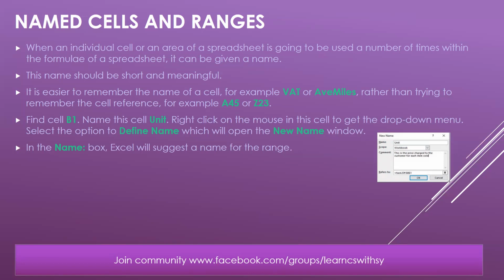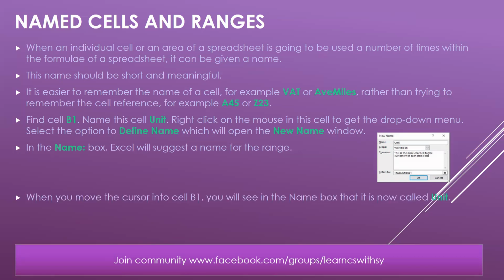And this define name will open a window like the one that has appeared right now. You can see in this new name window, the first option is name. And in this name box, you will write down your suggested name.